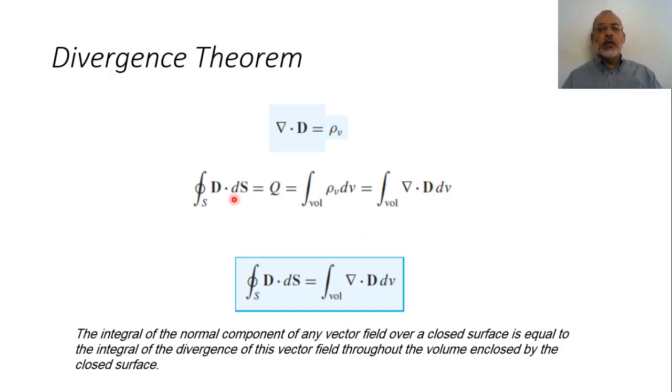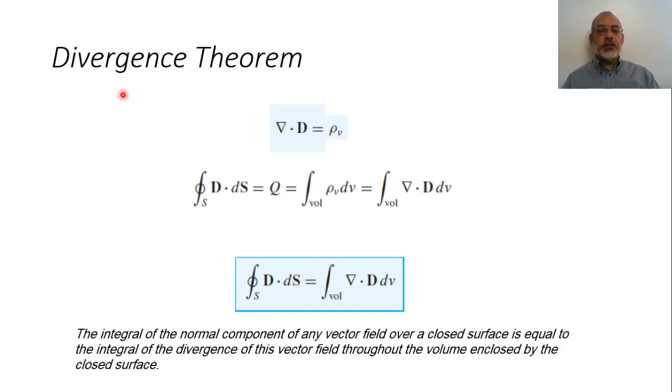By taking the two extremes of this equation, we can conclude that the integration over a closed surface of D dot dS equals the integration over the volume of the divergence of D dV. And effectively, we have proved this rule for the electric flux density, but this rule is valid for any vector quantity. So this rule is known as the divergence theorem.